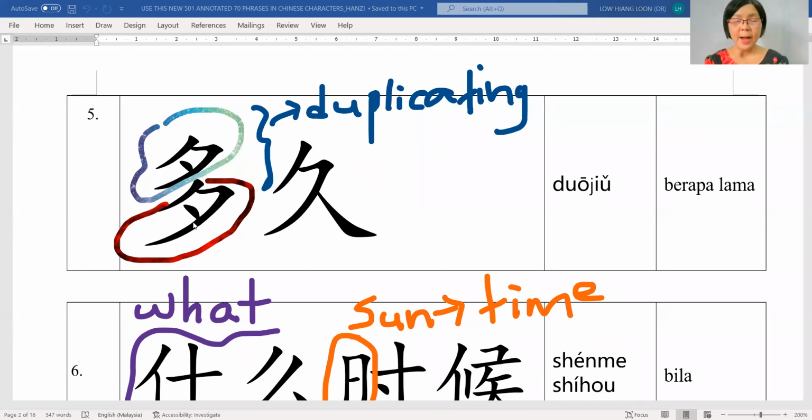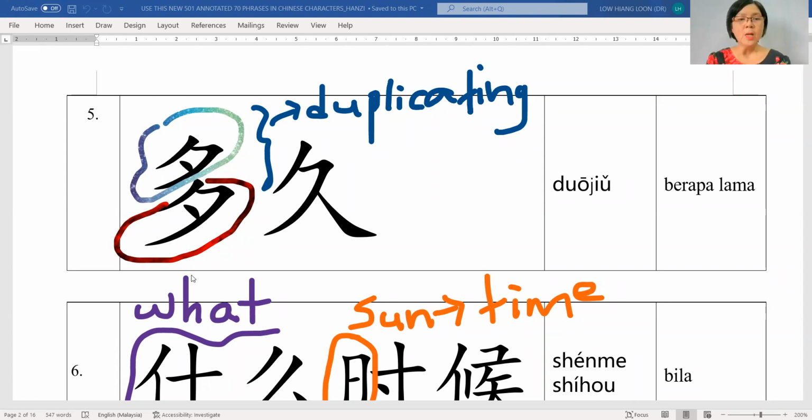But that is the original meaning. The extended meaning of 多 is berapa, 多少. It is 多少, and then we choose 多 to represent 多少. So when we say 多久, it's not banyak, but berapa jauh, 多久.